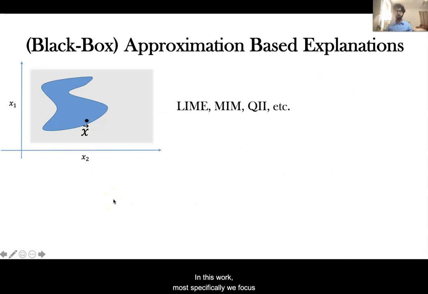In this work, more specifically, we focus on black box approximation based explanations. This class of explanations contains some of the popular existing explanations like LIME, MIM, QII, and so on. Such explanations, given any explanation query and the explanation dataset, approximate the decision boundary around the explanation query by some simple and understandable classifier, for example, a linear classifier.